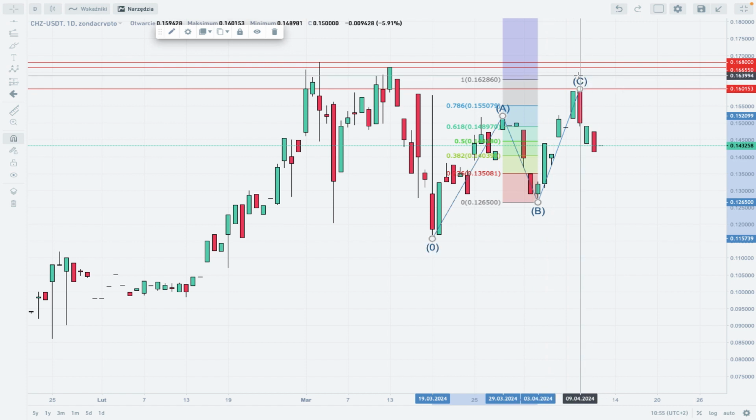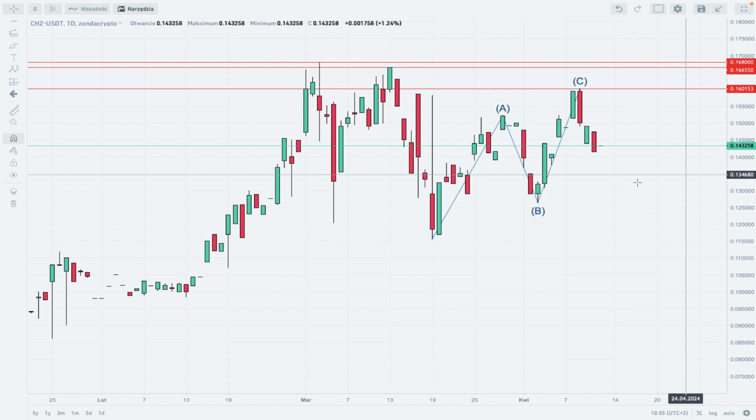So there is just a little bit of room not covered in order for the length of wave A, measured from the low of wave B, to be the same as the length of wave C. So it covered roughly 95% of the length of wave A. So now we can get rid of it.